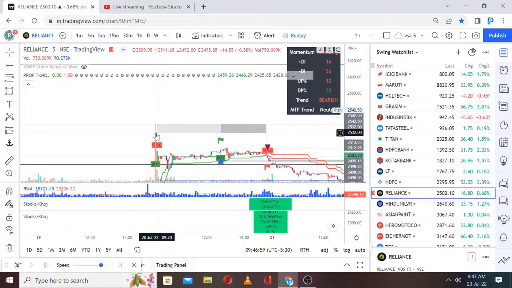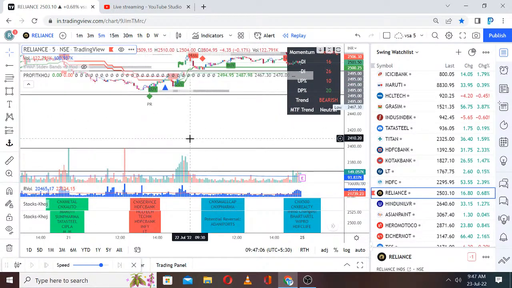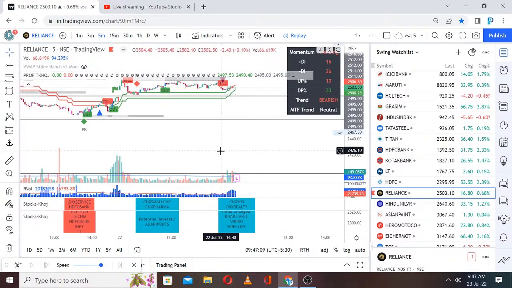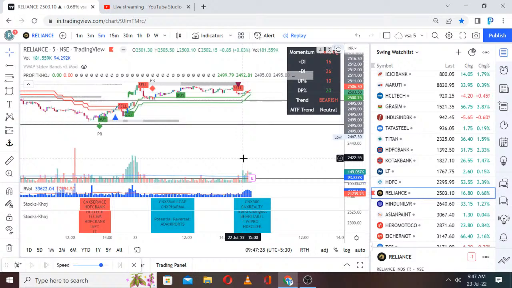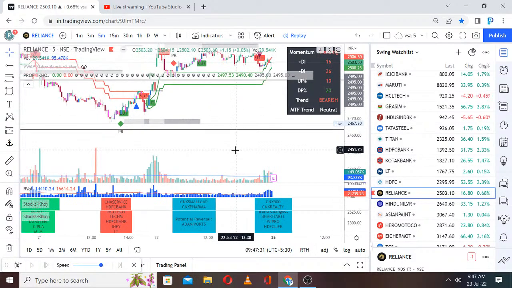So I moved on the gap up some quantity here. Now I'm waiting for next leg. So I think the idea is clear, how to select stocks, how to draw the Fibonacci, and how to take an entry. We'll see one more example.